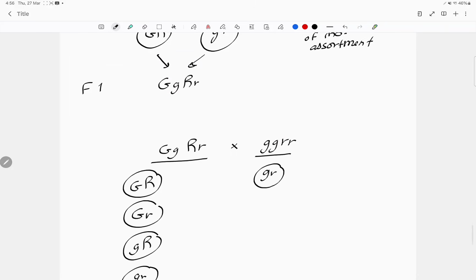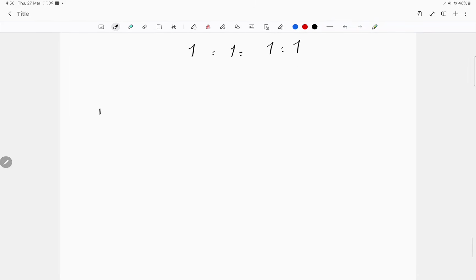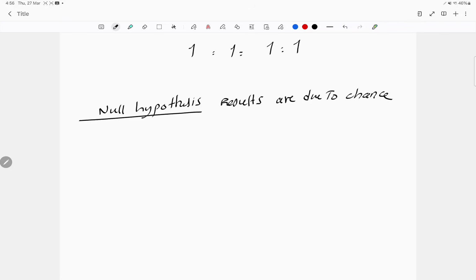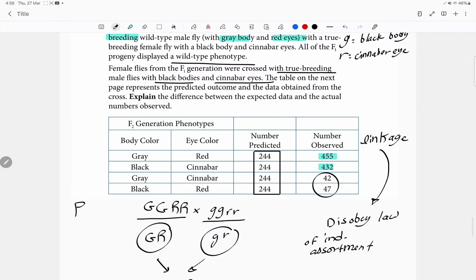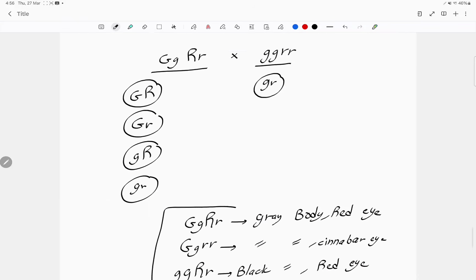hypothesis. So of course, null hypothesis always assumes that things are simple, which is that the results are due to chance. Okay, so essentially the difference between the predicted and the observed is only because of chance, and there is nothing biological behind it.